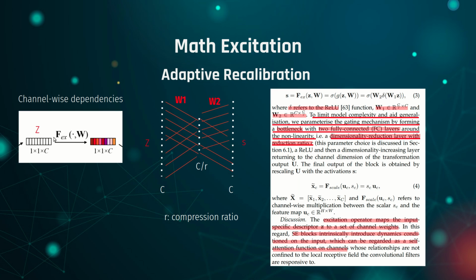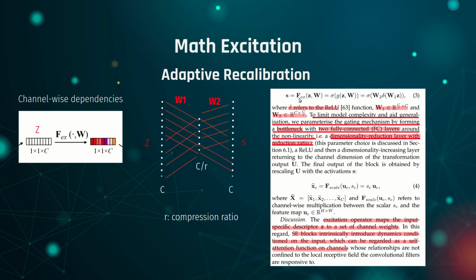Then we go through this excitation operation, and that becomes the activated version, which tells which channels should get more attention, should be more in focus. You can see the text here. You can also pause and read it, but let's look together.